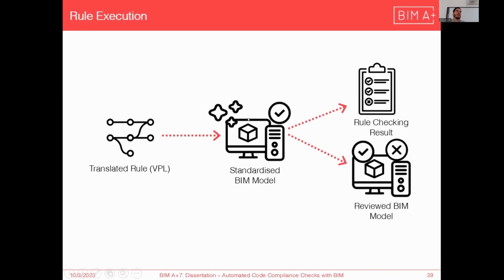In my case, what I did was configuring the Dynamo player in Revit, so it can be easier for people to execute the rules. And the outputs were the rule checking results, which is generally a Boolean or whatever format can be done, and the reviewed BIM model.